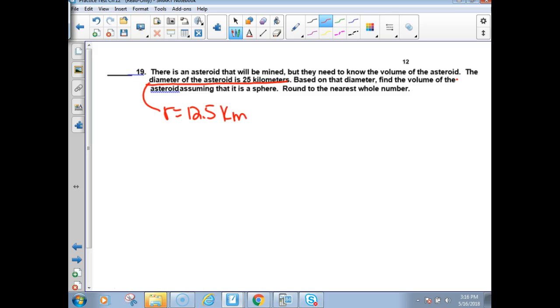Now, we need to find the sphere formula. So you look at your sphere formula on your paper. It says 4 pi r cubed divided by 3. Pop in the r, and you just use your calculator.